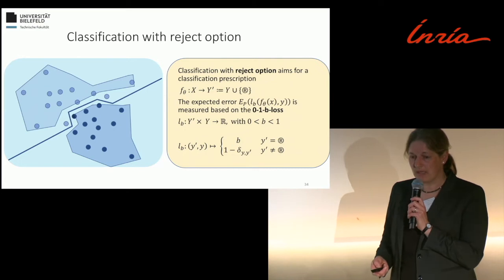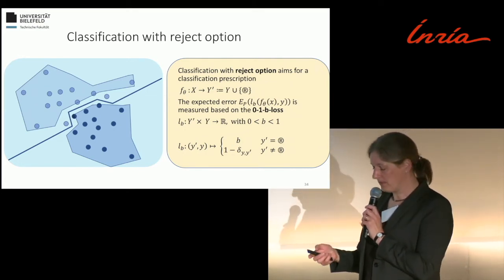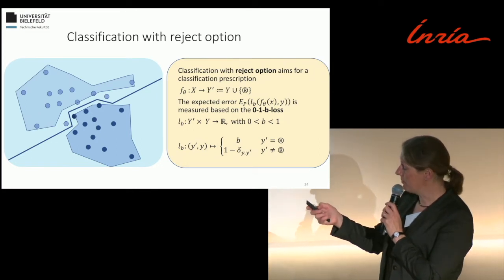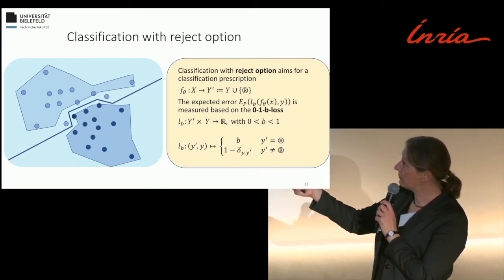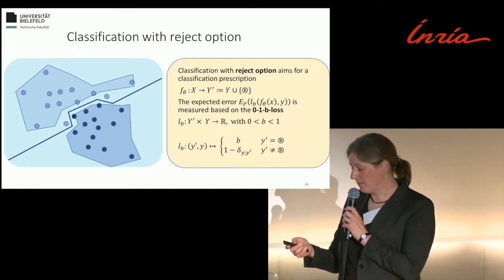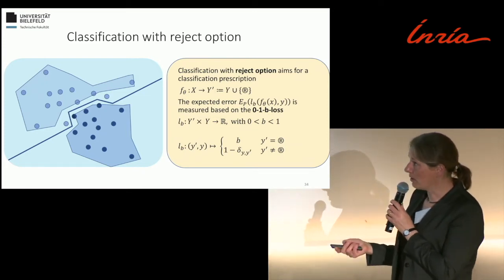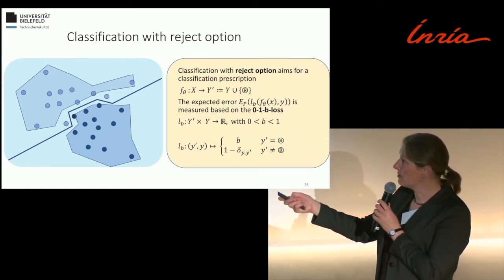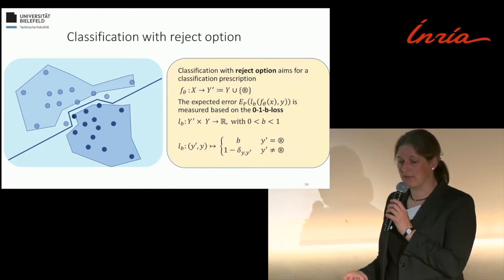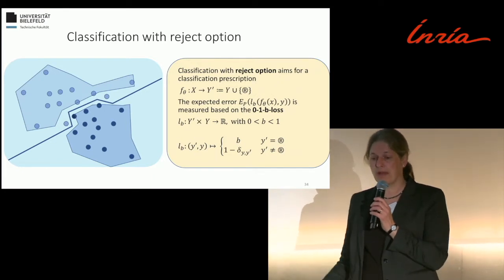Mathematically, this would mean that we equip the classification prescription with a specific attribute, which would be the R for reject, which can be chosen whenever the model is insecure. We can evaluate such a model using the extended 0-1 loss, where in case of reject we have a cost B, which is lower than doing a misclassification. So it costs, but not so much as doing things wrong.